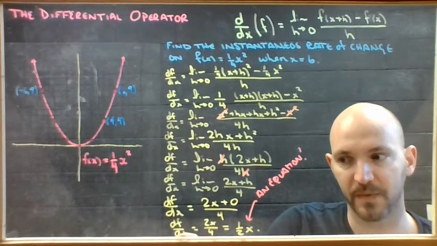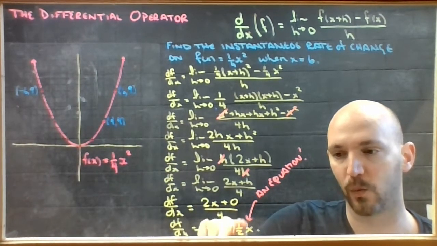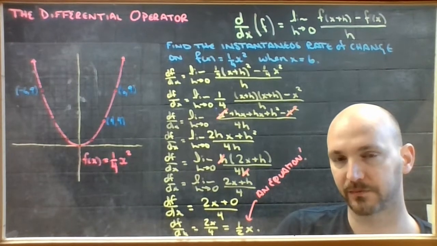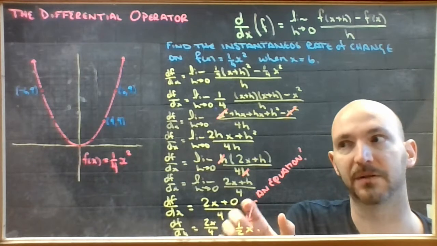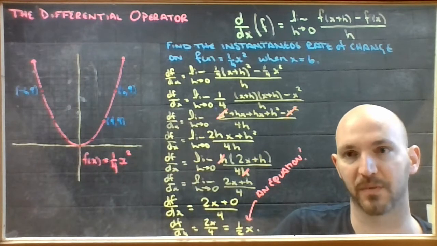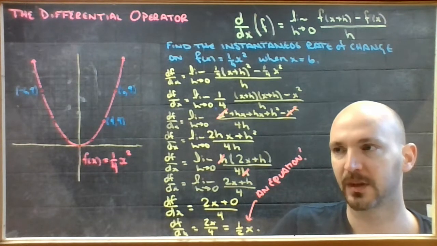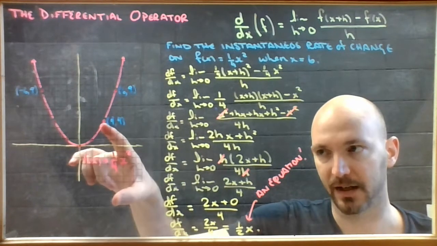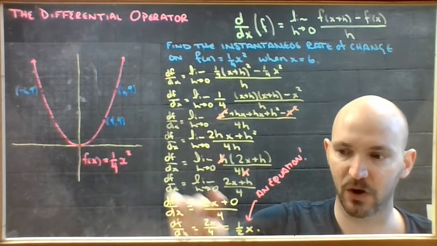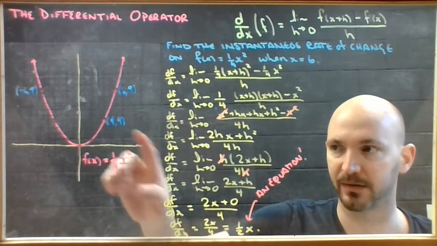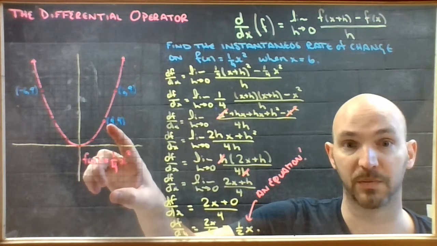So the slope of this parabola, df by dx, is 1/2 of the x value. So allegedly, I have a little formula now that will tell me the slope of this parabola. So if I try to use that, pick one of these dots, right here where x is 4, well, apparently the slope is 1/2 of the x value. So the x value is 4 at this location. 1/2 of 4 would be 2.